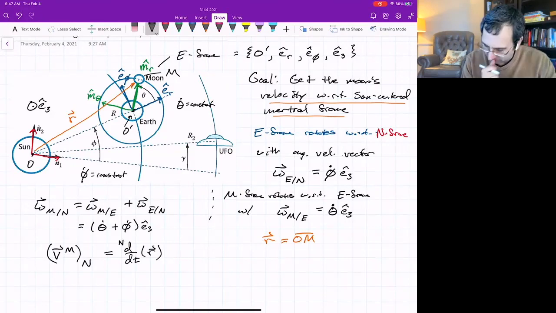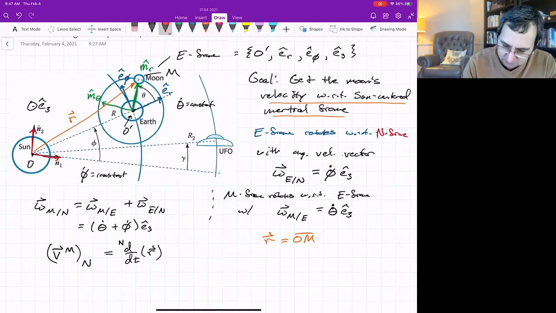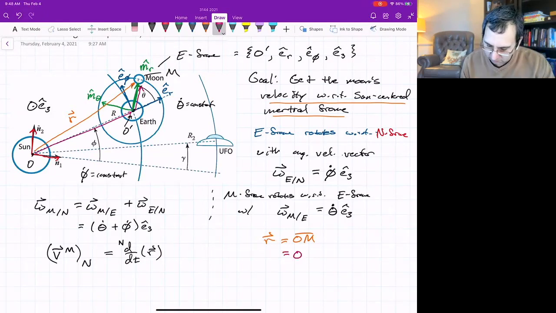And now we can write out how we would write R. I'm going to use maroon, going from O to the Earth, and then from the Earth to the moon. Going from O to Earth plus Earth to the moon.